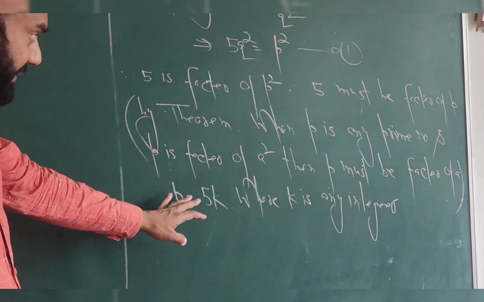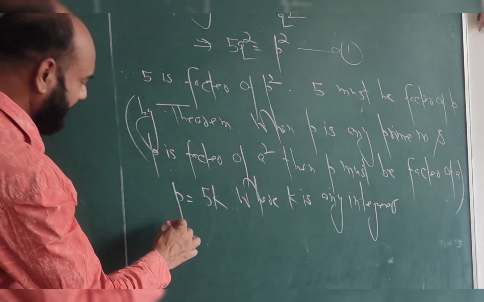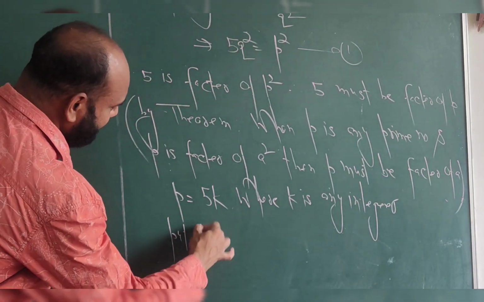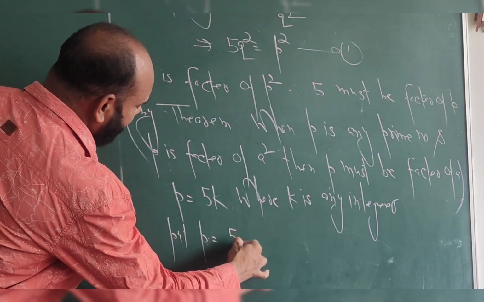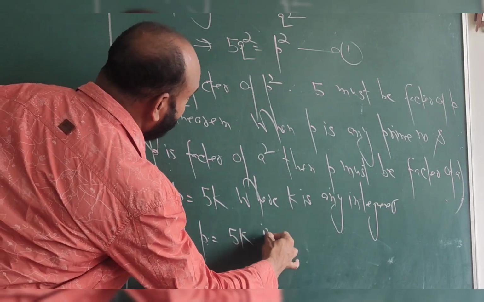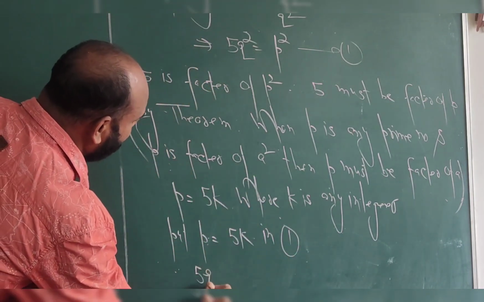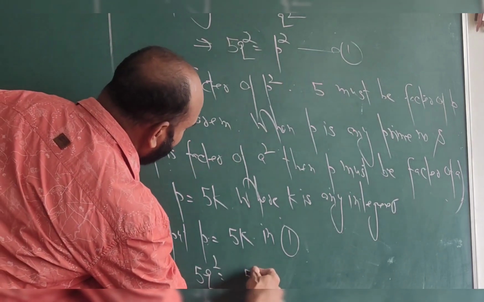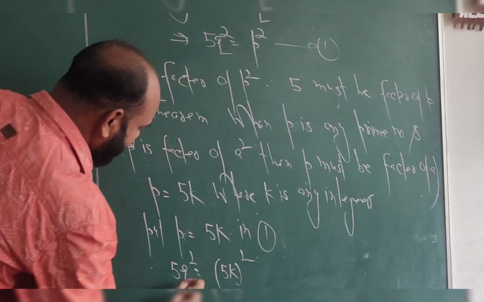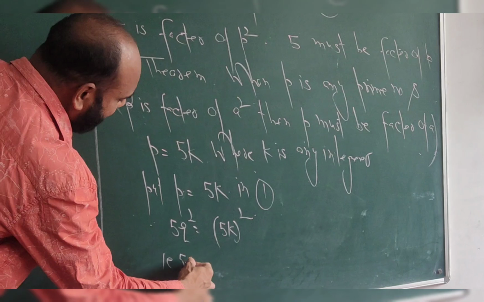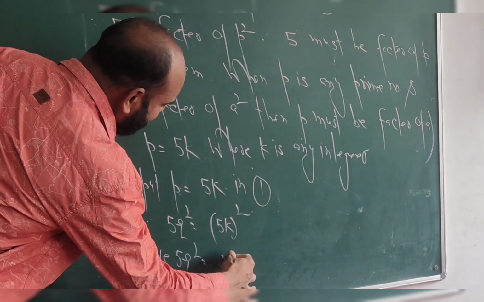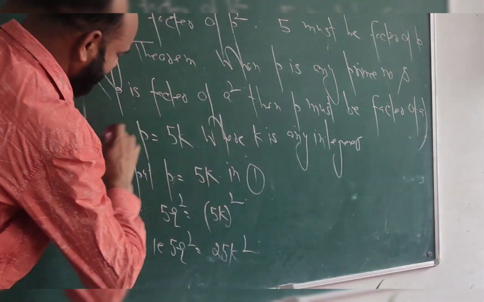Now put p equal to 5k in equation number 1. Therefore 5q square is equal to 5k whole square, that is 5q square is equal to 25k square.